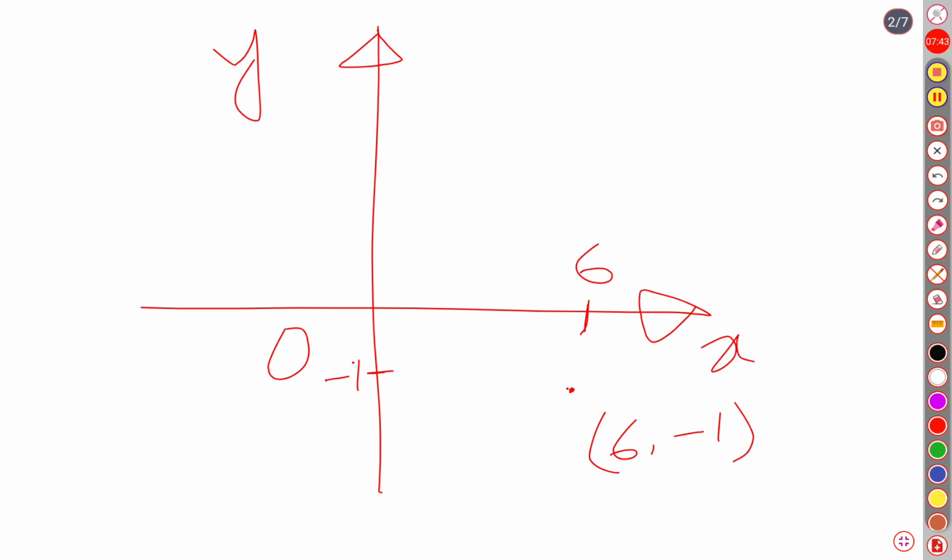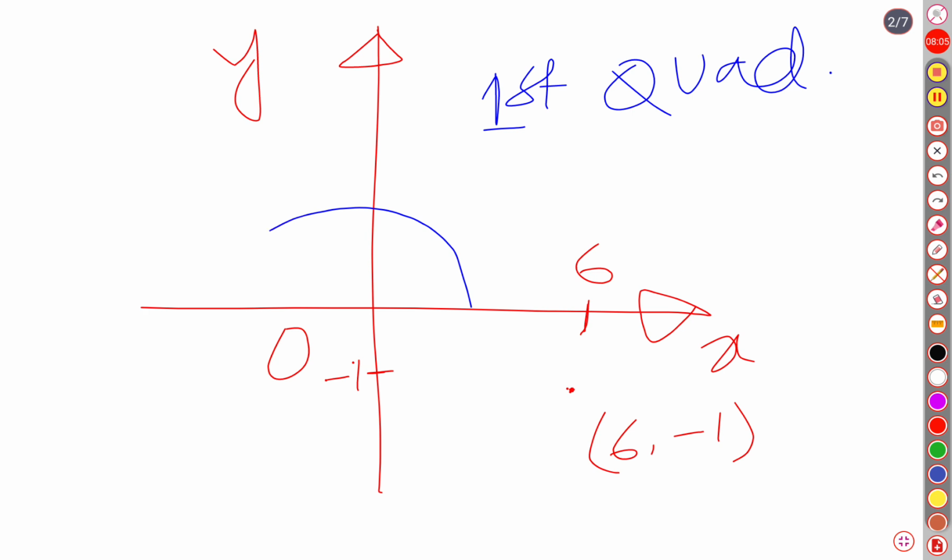Now we'll have to know the position of the quadrant. Which quadrant is this? First of all, remember, this one is the first quadrant, and you must move in anti-clockwise direction. Anti-clockwise direction means not clockwise direction. This is the direction you will have to move in.